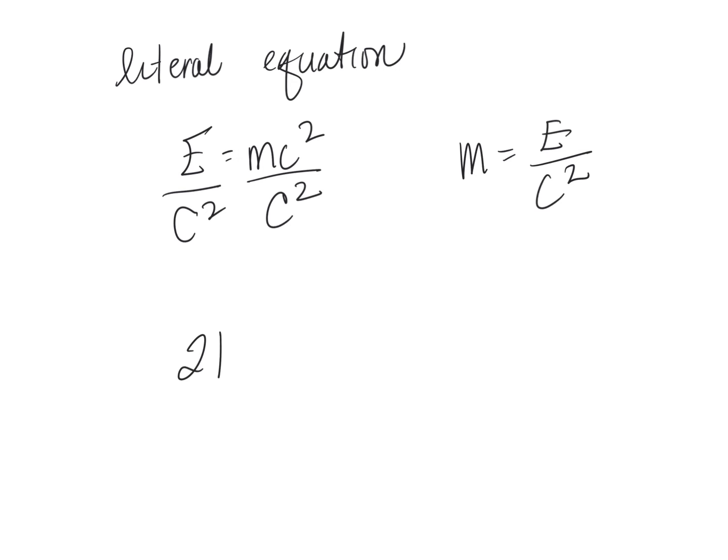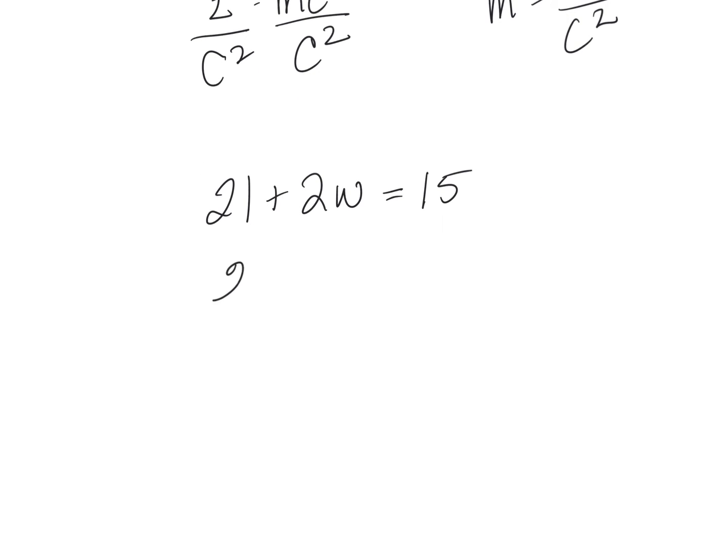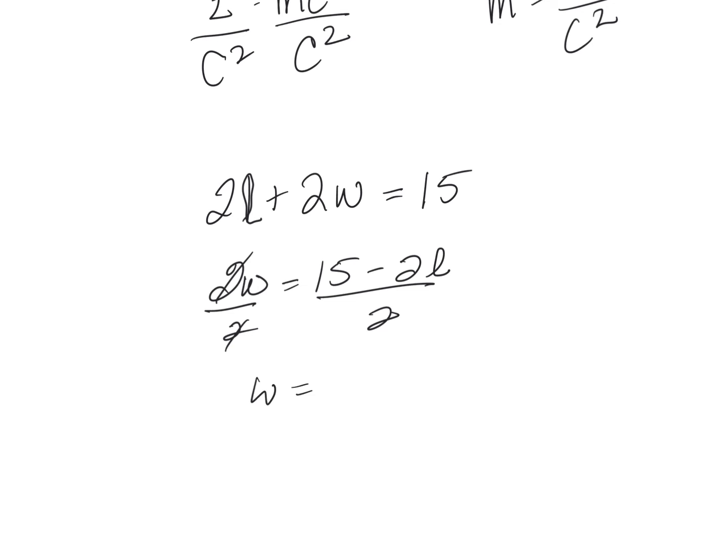If you know that the perimeter of something is 15, and I want to isolate the W, then I could divide by 2. My width would be the perimeter minus both sides over divide by 2. So again, this would be considered solving a literal equation.